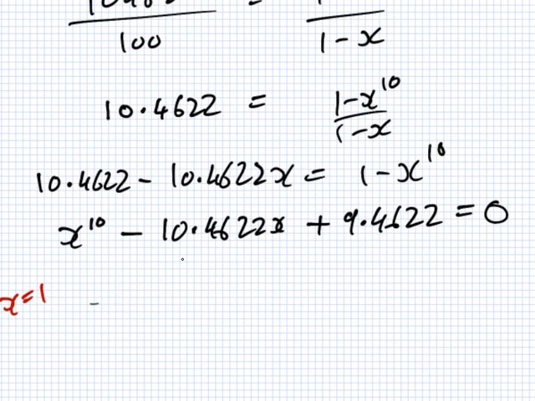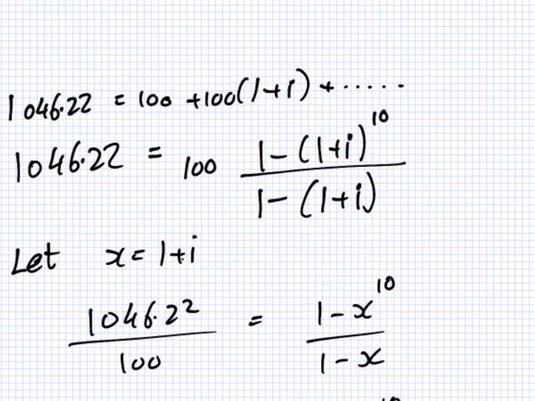Actually, I found one of the solutions, 0. But can we use 0? We can't really use 0, because if I use 0 back here, I'm dividing by 0. Although I simplified this problem down, I have to remember originally what it was.